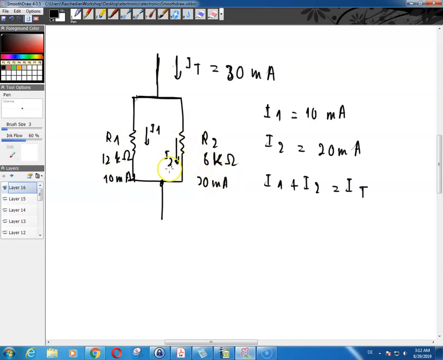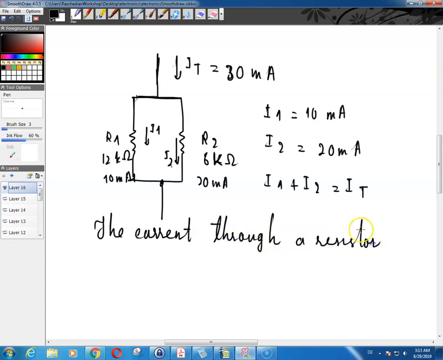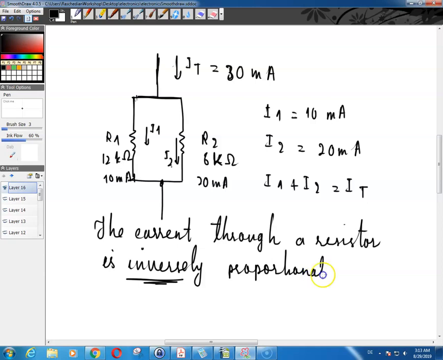So you can say that the current through a resistor is inversely proportional to its value.